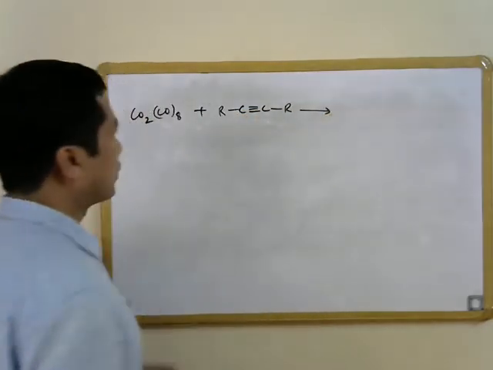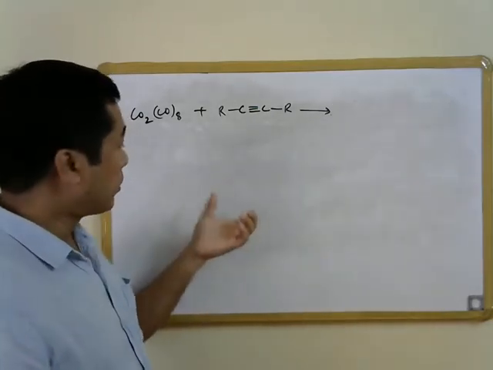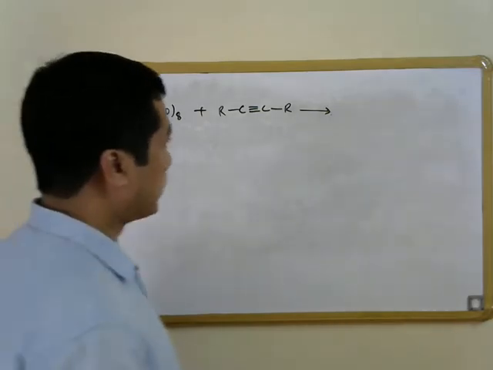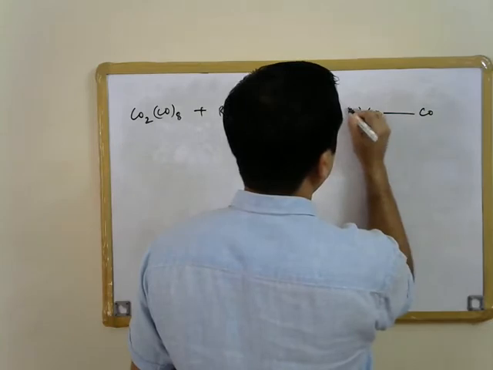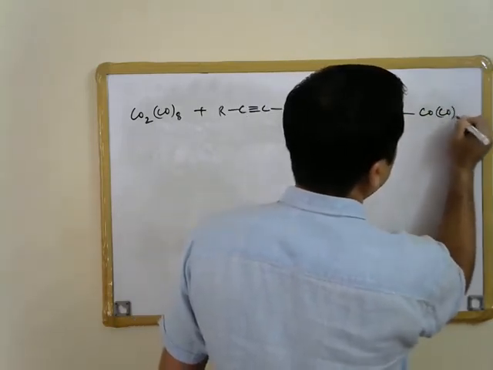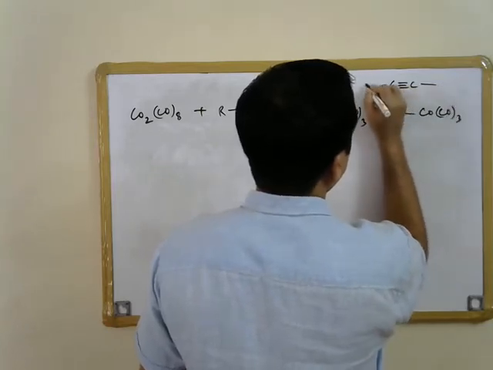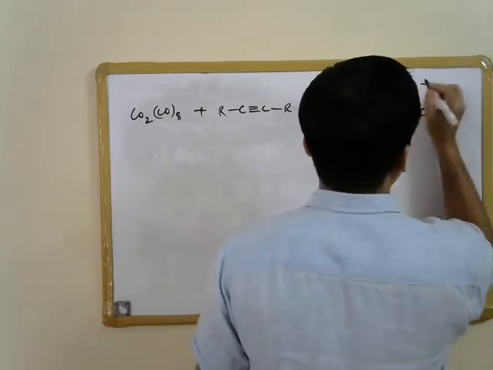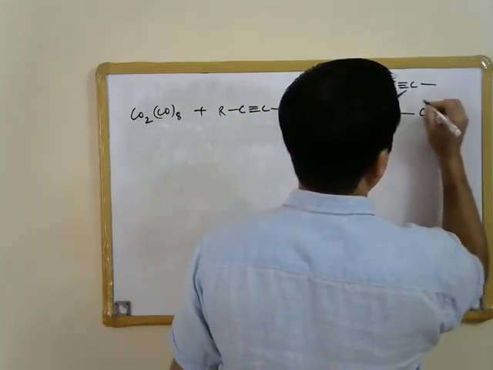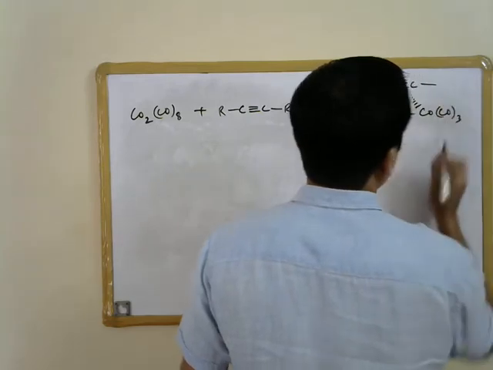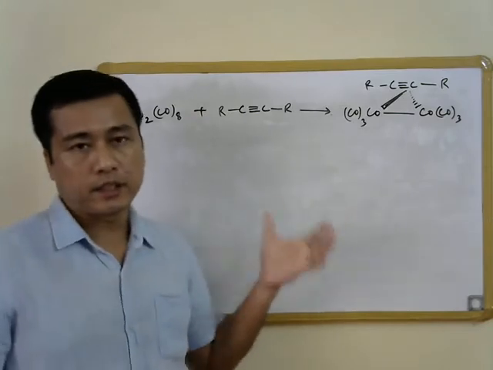This leads to formation of a dinuclear metal alkyne complex where the alkyne ligand essentially acts as the bridging ligand. So this sort of complex is formed where the alkyne ligand acts as a bridging ligand.